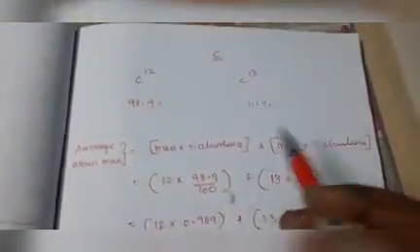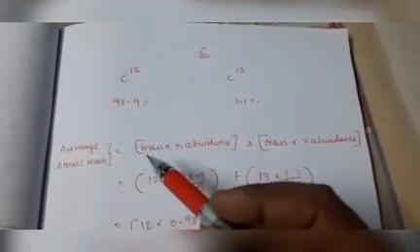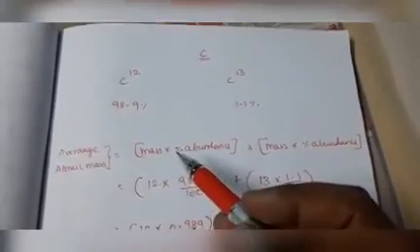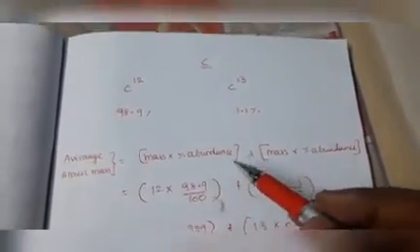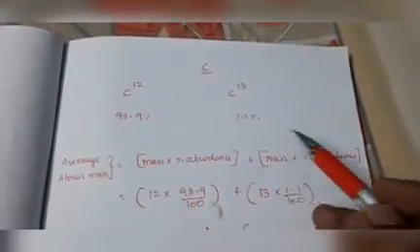The same formula: mass of the carbon 12 isotope times percentage abundance of carbon 12, plus mass of the carbon 13 isotope times percentage abundance of carbon 13.